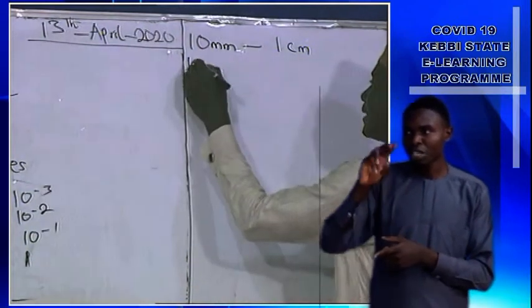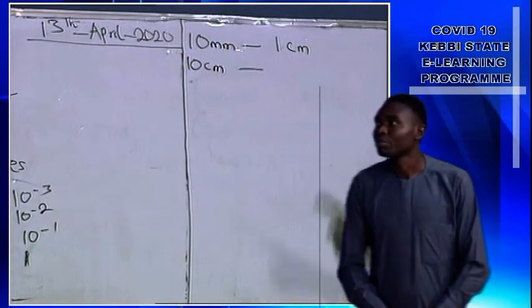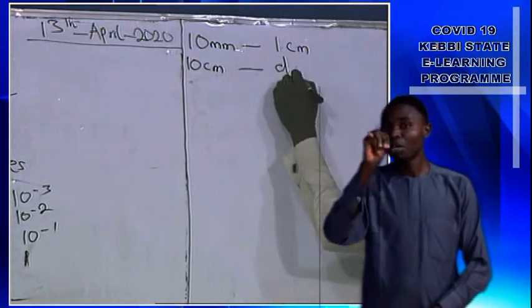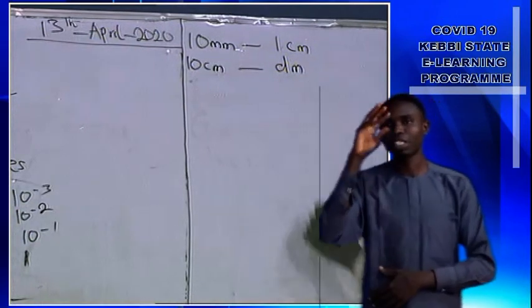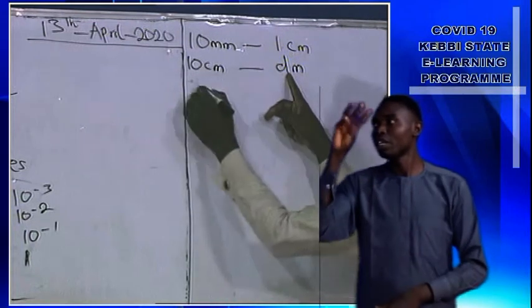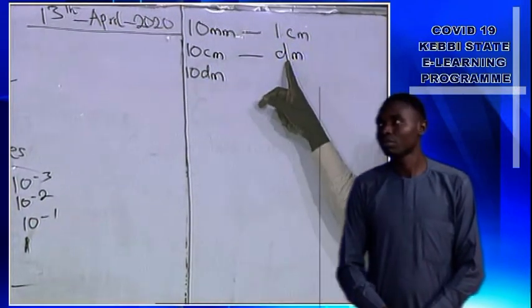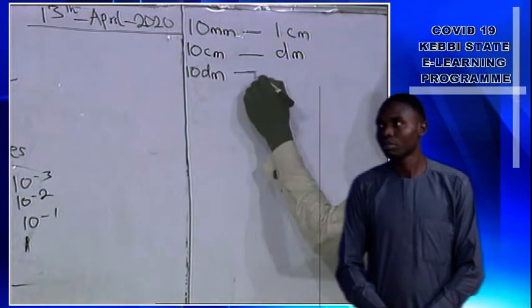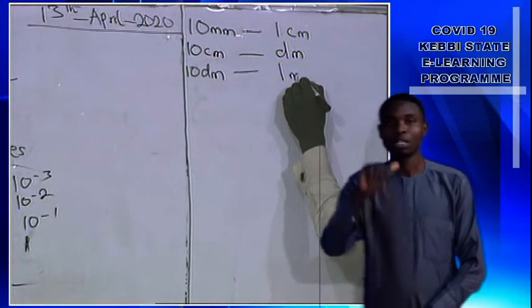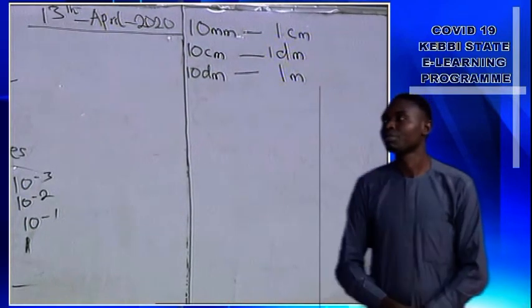Likewise, 10 centimeters will give us 1 decimeter. Also, 10 decimeters will give us 1 meter.